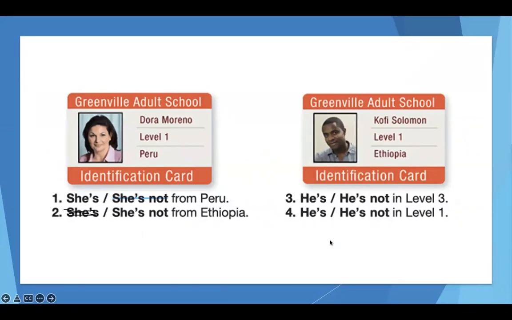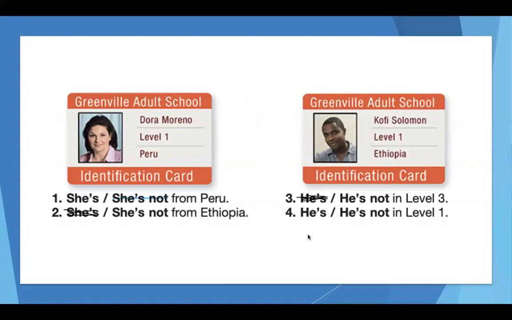All right, how about number 3? Would we say Kofi is in level 3, so he's in level 3, or would we say he's not in level 3? Since we can see that he is in level 1, we would say he's not in level 3.